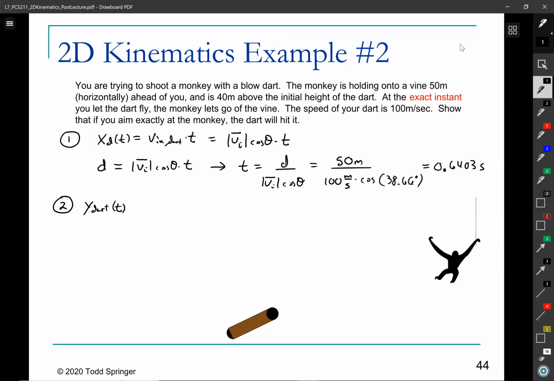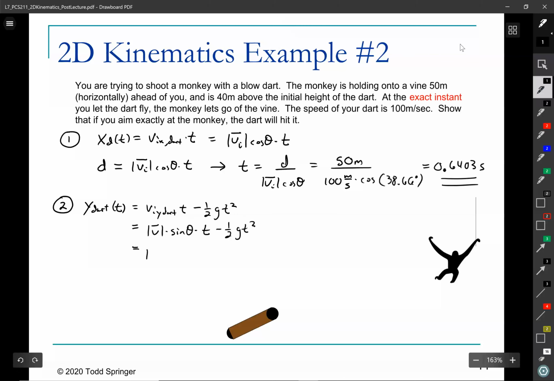Y position of the dart as a function of time: viy for the dart times t minus 1/2 gt squared. The initial y velocity is the magnitude of v times the sine of theta, times t minus 1/2 gt squared.